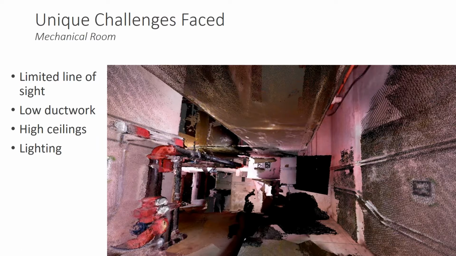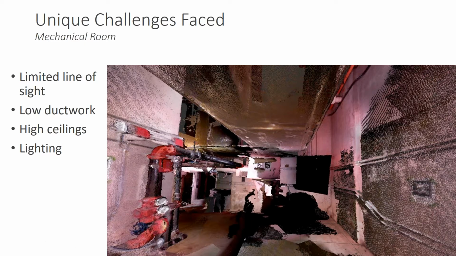And each of the rooms really posed their own unique challenges, but most of the rooms were very congested, limited to line of sight. In this particular room, pictured here, the ductwork, kind of in the center of the screen, was somewhere between 5 and 6 feet above the ground.